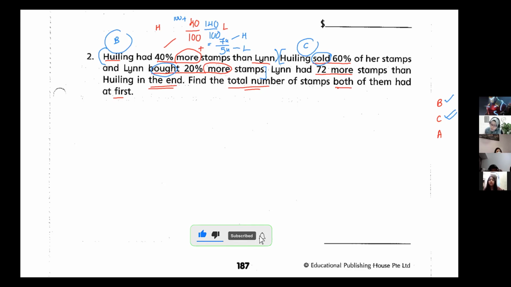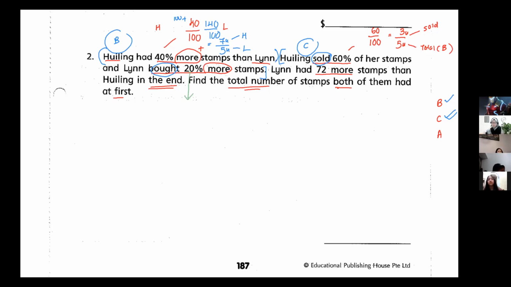Now let's convert all these different percentages. 60% means 60 over 100, which simplifies to 3 over 5. Units, units. What does 3 mean? 3 means what she sold. 5 means her total before. Now we move on to the 20% more.